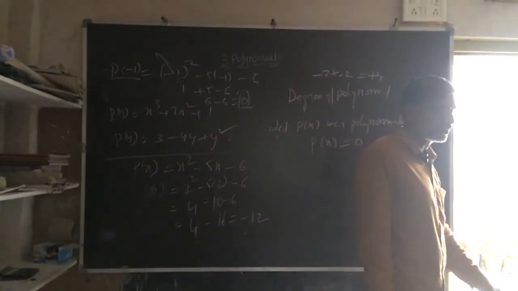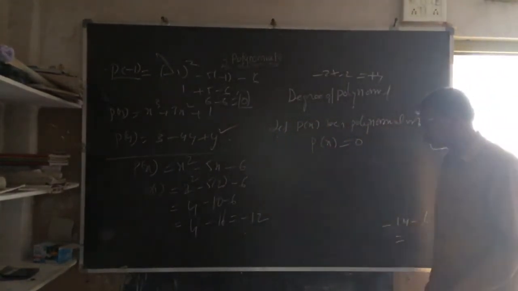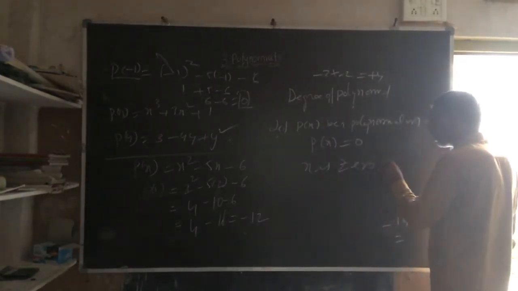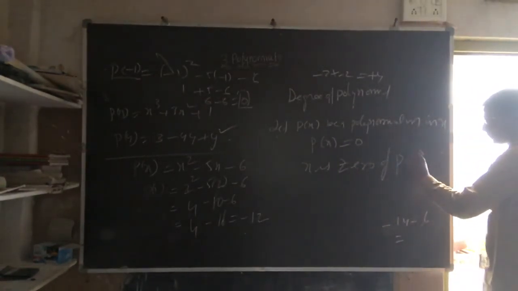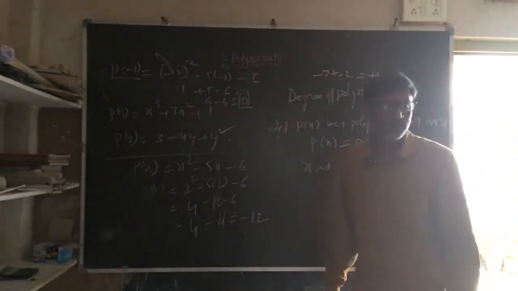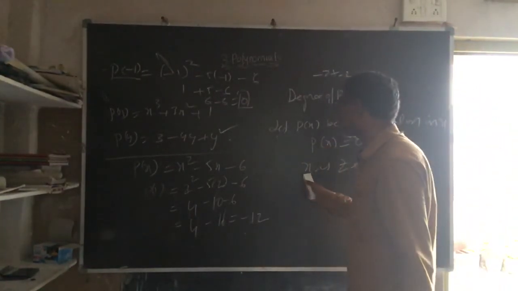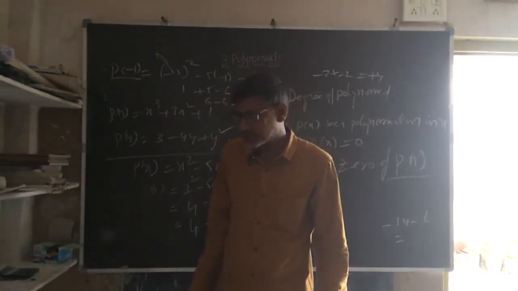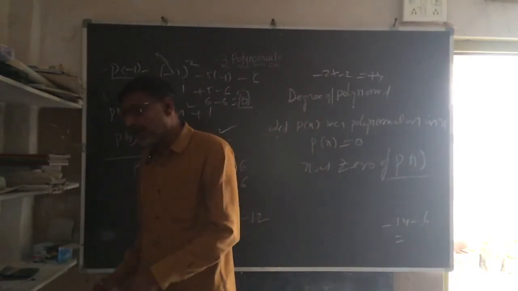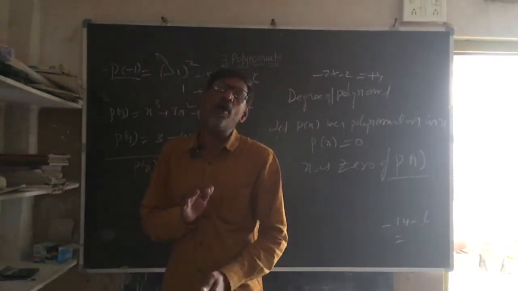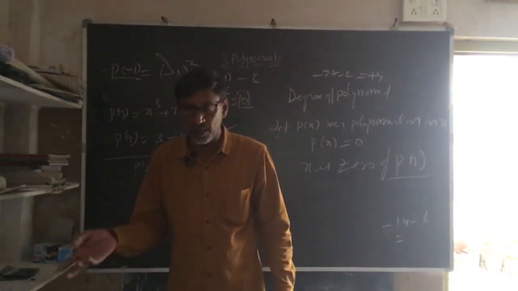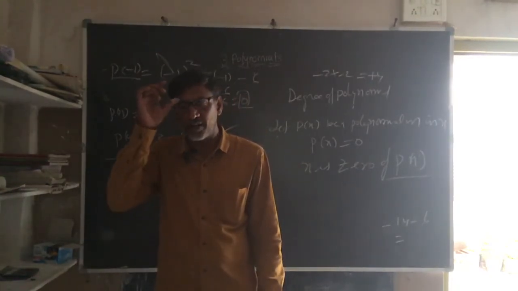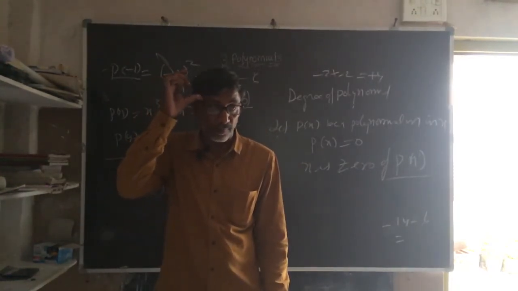P of x is equal to 0, then x is 0 of p of x. Whatever x may be. Here x is minus 1, therefore minus 1 is a 0 of the polynomial. Understood? Tomorrow we will discuss more about polynomial values and 0 of the polynomials and how to define 0 of the polynomial and all.